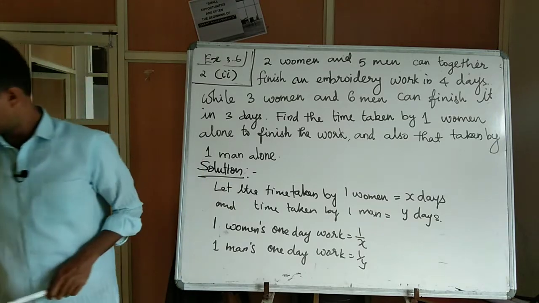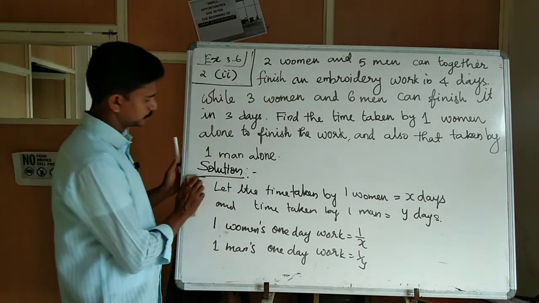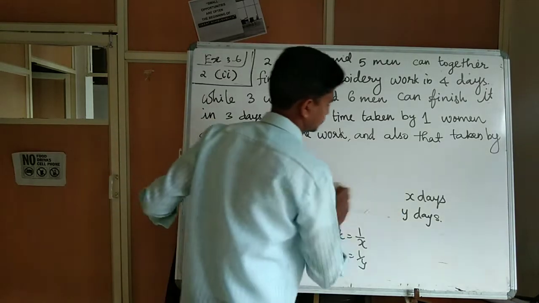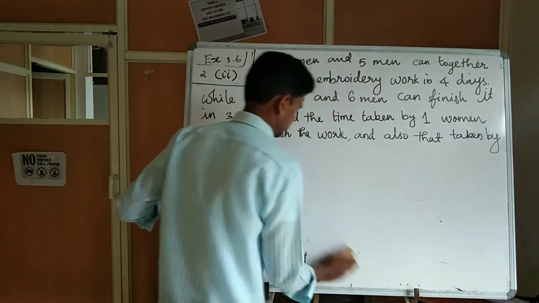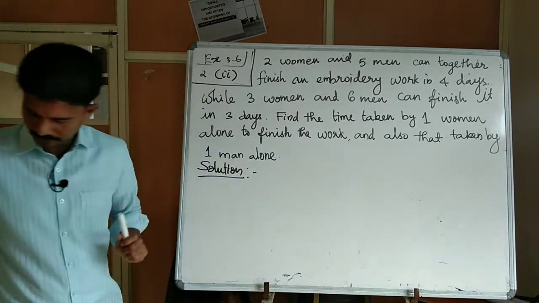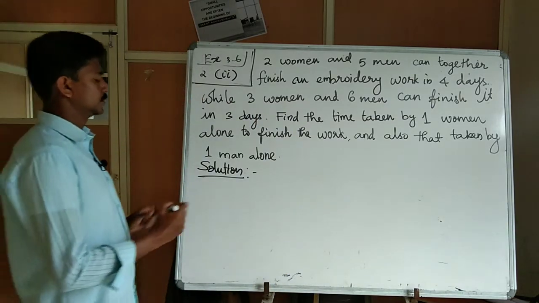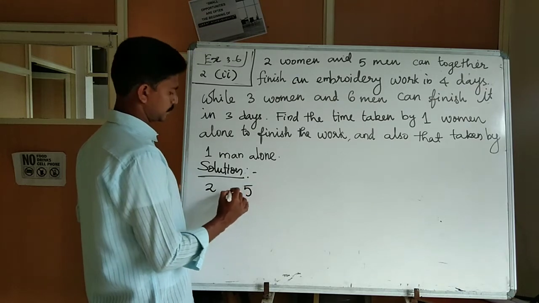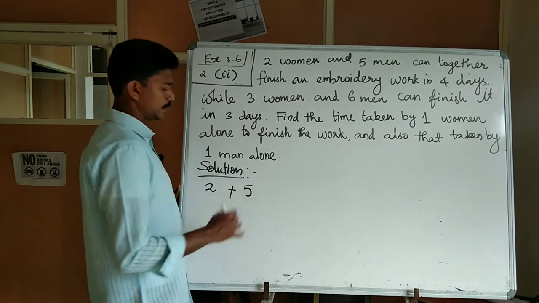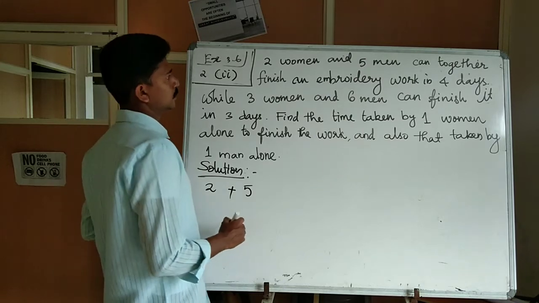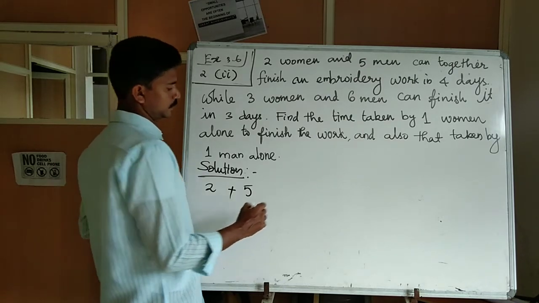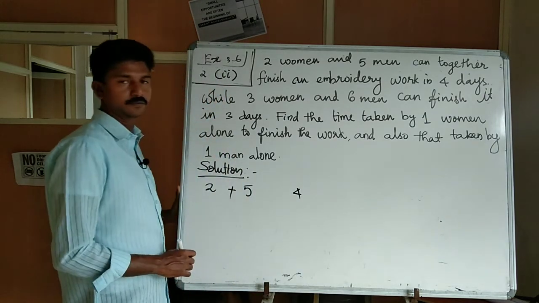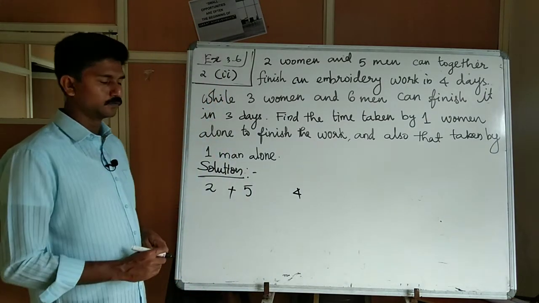I am going to erase this one. So 2 women and 5 men together means we have to add. They finish the embroidery work in 4 days.